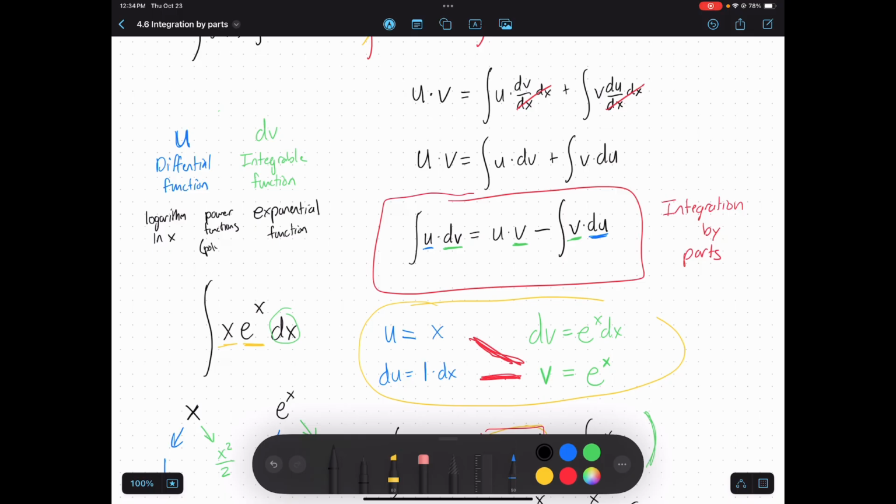If you're working with a polynomial, you can take the derivative of it or you can take the antiderivative of it. But usually we want to choose it to be the differentiable function. Why? Because the function gets simpler if we choose it as the differentiable function. So those are just some good guidelines of how to pick your u and your dv.